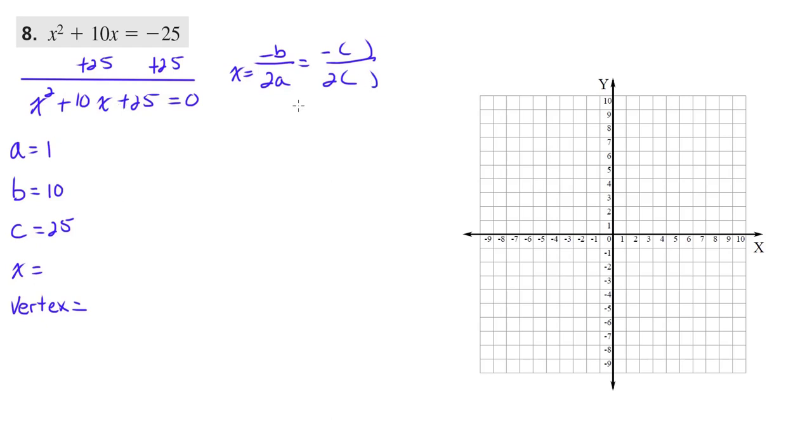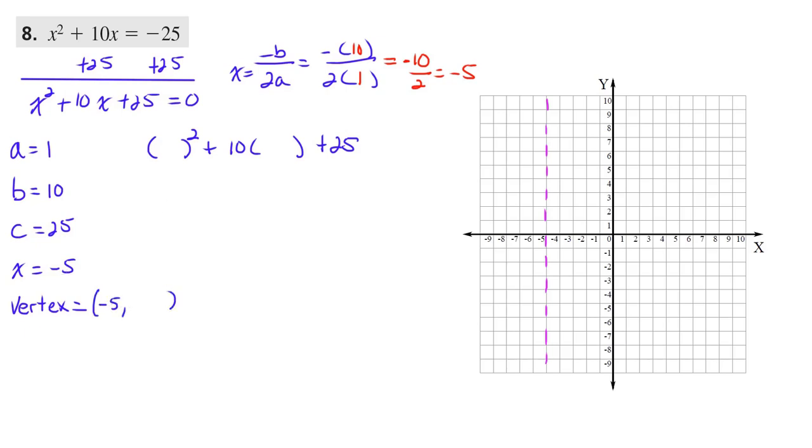And we're going to plug in our B value, which is 10, and our A value, which is 1. So we end up with -10 over 2, which equals -5. And so that is our axis of symmetry, the line x equals -5. So we're going to put that dotted line here. Now we also know that that -5 is the x value of our vertex, and we need the y value, so we're going to plug that -5 into the left side of the equation and work it out to find y.